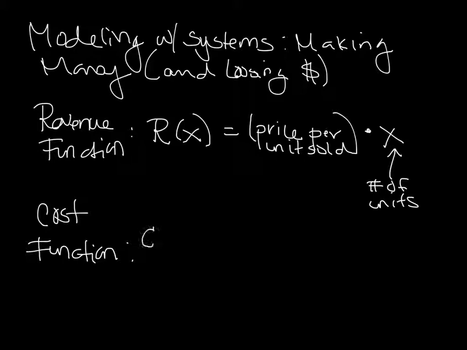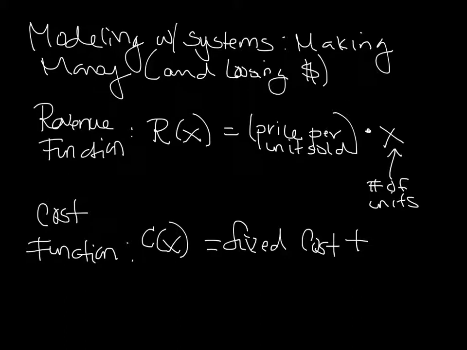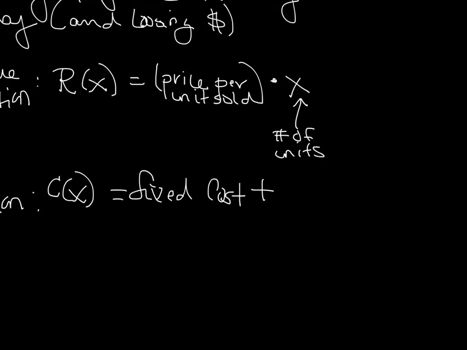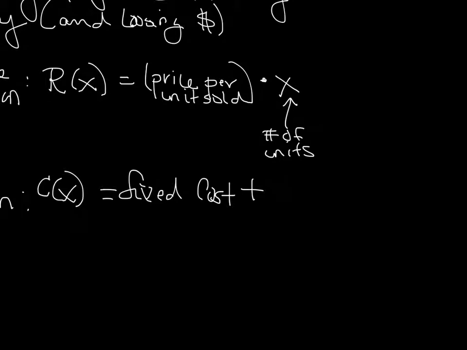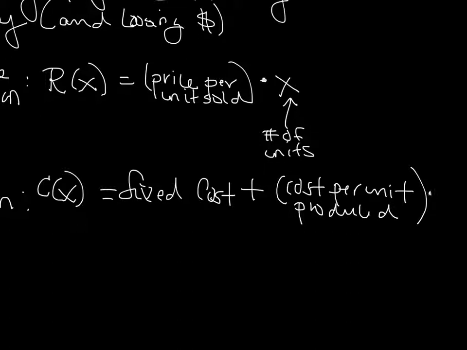So the cost function, I'm just going to call it capital C of x, and that is going to be the fixed cost plus, let's put parentheses, the cost per unit produced, times the number of units that you're selling, or number of computers.